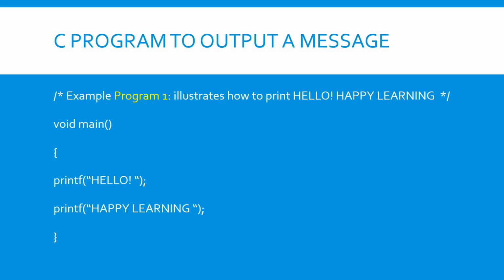So here we are using two printf statements: printf within double quotes hello, second printf within double quotes happy learning, and finally close the braces. So this is a simple program. On executing this program, we will get the message hello happy learning in the output window.